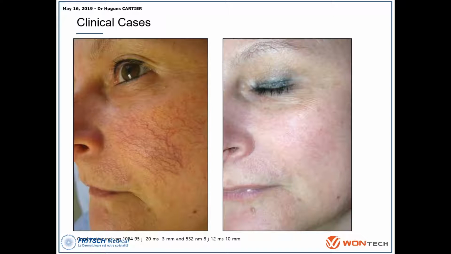Sometimes you can induce, as you will see after, some edema, but you have to manage it. Be careful about sun exposure. You have to put some sun cream if you live in the south or under the sun. But for this patient, we need only one session to reduce maybe 90% of the vessels of this face, because it's very, very easy to do with such large vessels.